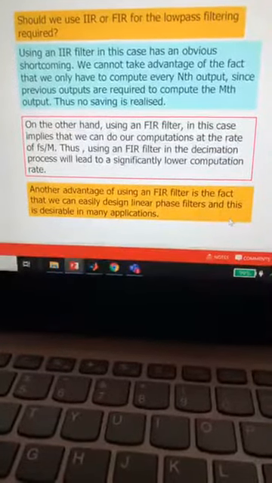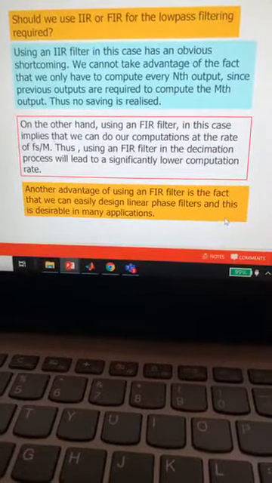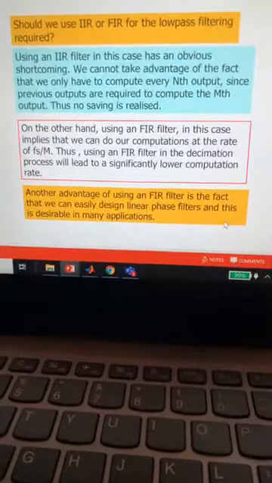So it's an interesting incident that I was just teaching interpolation and decimation, and I taught this slide to students that IIR filters are traditionally not used for interpolation and decimation.